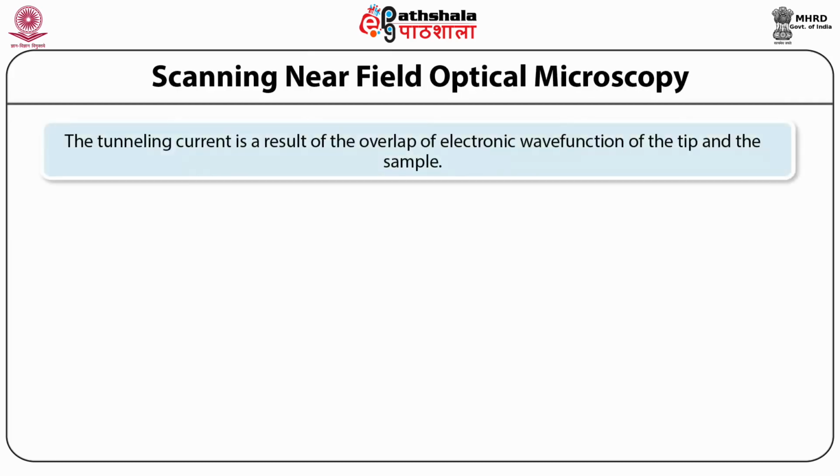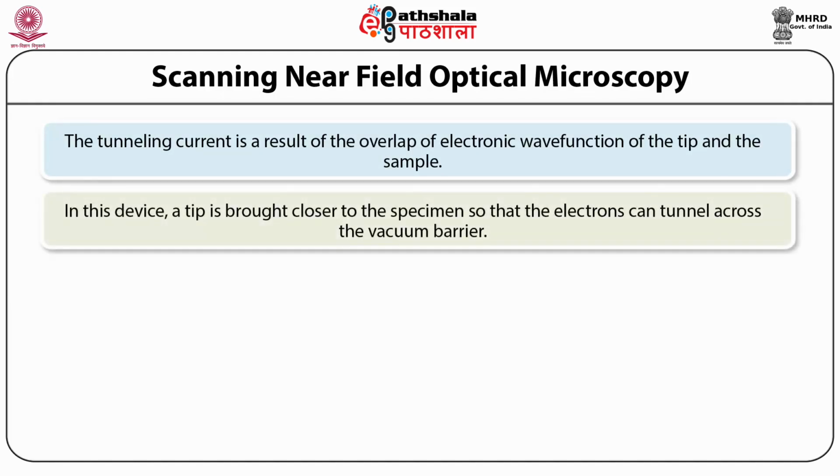The tunneling current is the result of the overlap of electronic wave function of the tip and the sample. In this device, a tip is brought closer to the specimen so that electrons can tunnel across the vacuum barrier. The position of the tip is adjusted by two piezoelectric scanners with X and Y control.